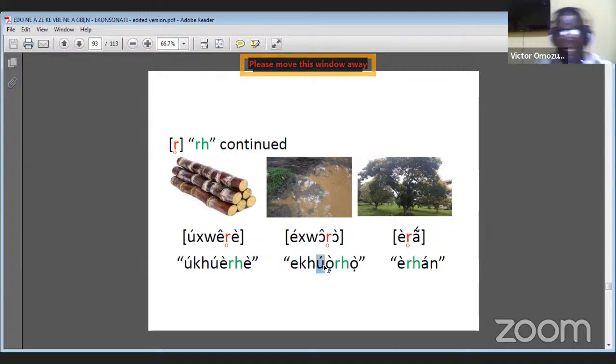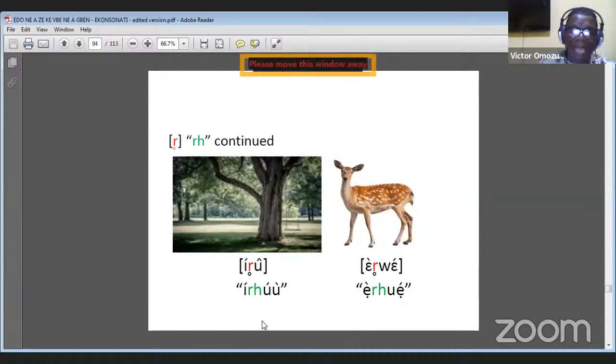The glide formation is there, but the consonant is ri, ehwaro, eran. We have seen eran previously. Then iru, different from iru. One is low, but this one is high, falling. So they contrast.